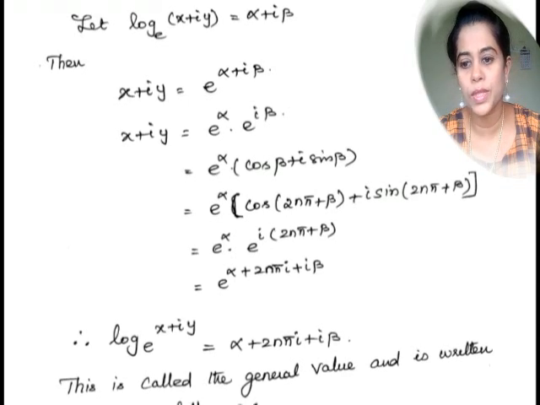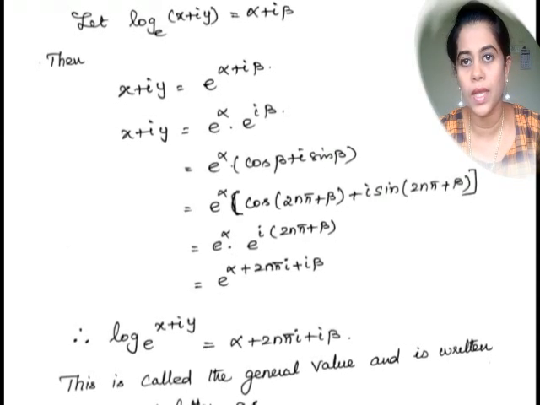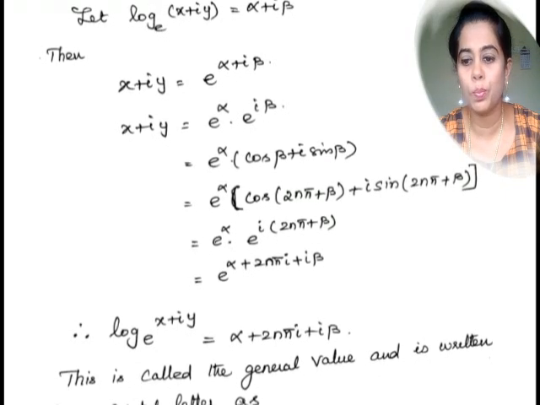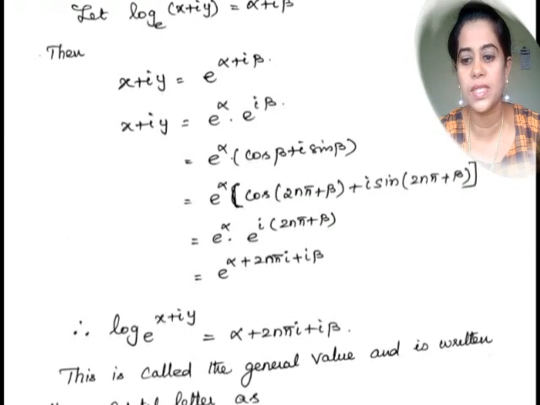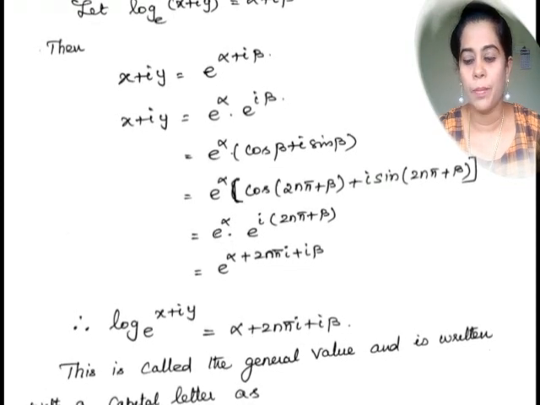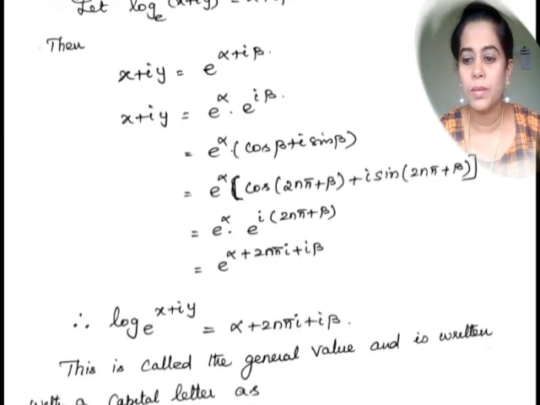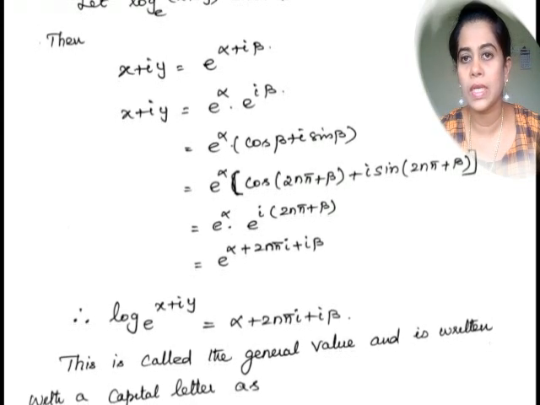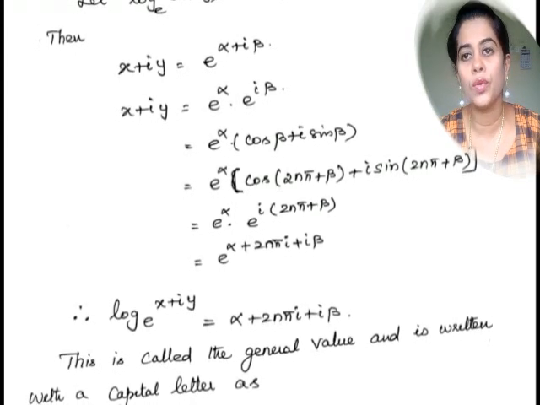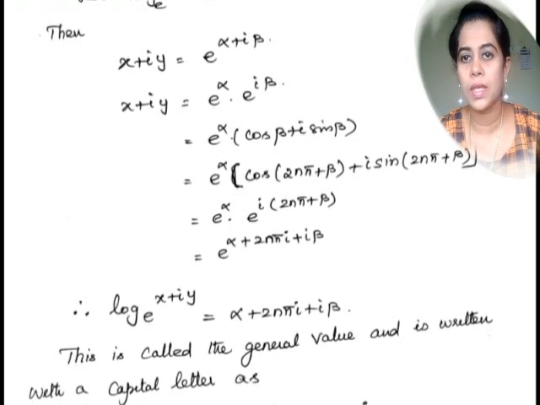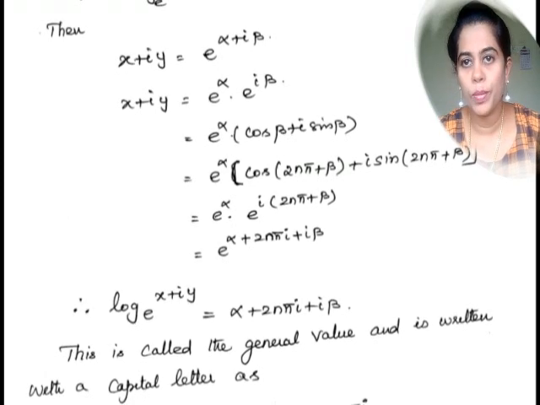How do you write this? 2n pi. When I take n equal to 1, the general term, then it is 2 pi. 2 pi is 360. 360 plus theta. Cos of 360 plus theta is equal to the same cos beta. And similarly sine of 360 plus theta is equal to sine beta, as the sign won't be changed.